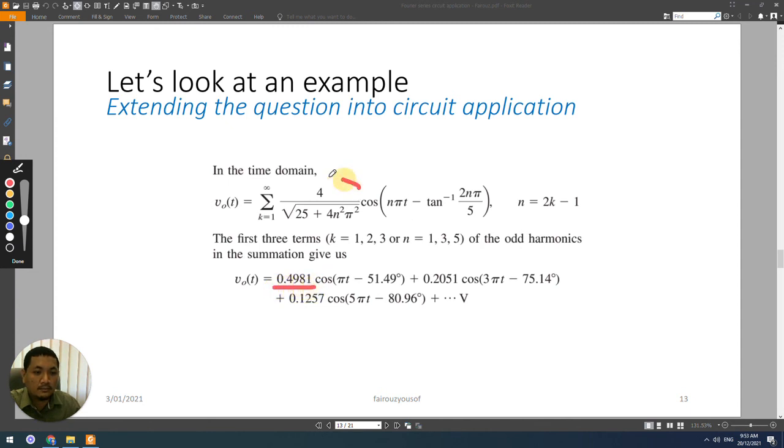This is the amplitude for the first harmonic, this is the amplitude for the third harmonic, and this is the amplitude for the fifth harmonic, or the third term, and the angle as well. And this continues until infinity.